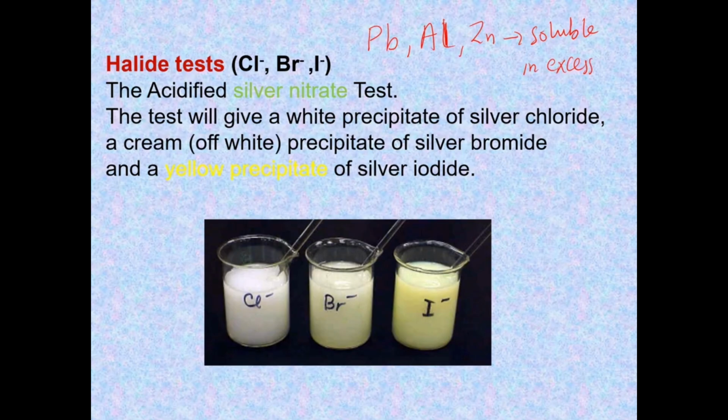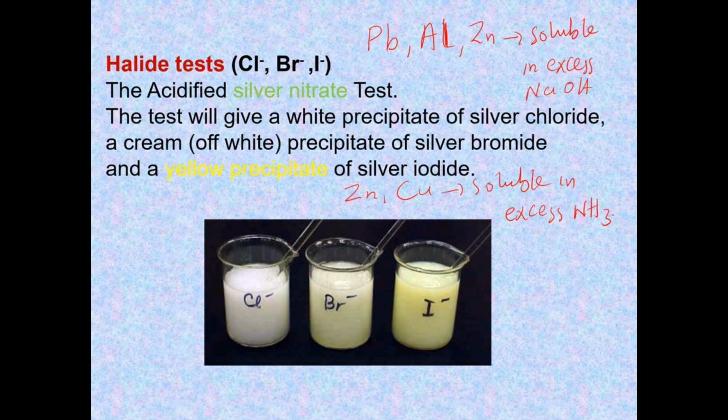For zinc and copper, they're soluble in excess ammonia. This is something you should know in case you're asked in the exams.